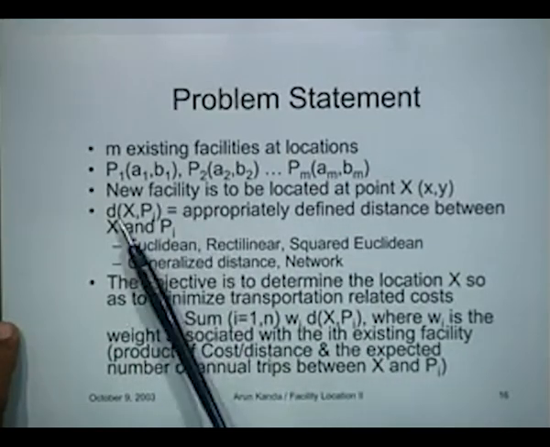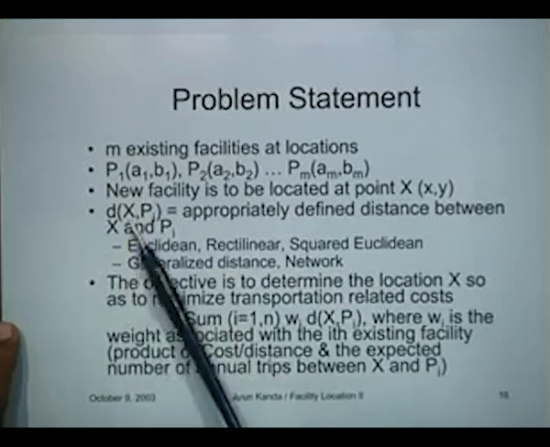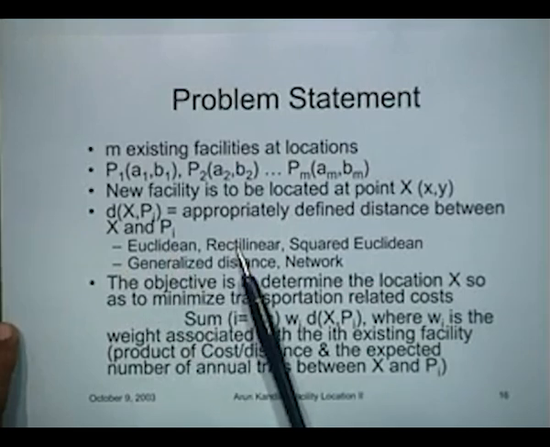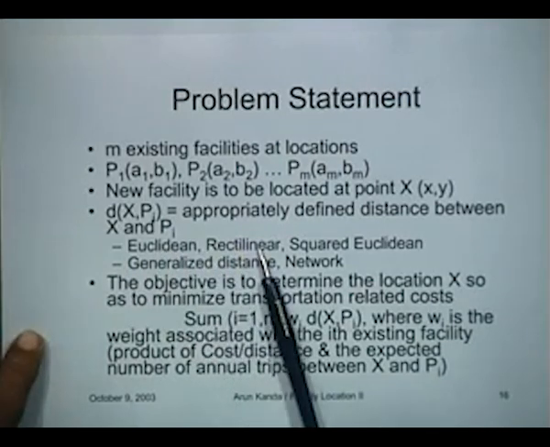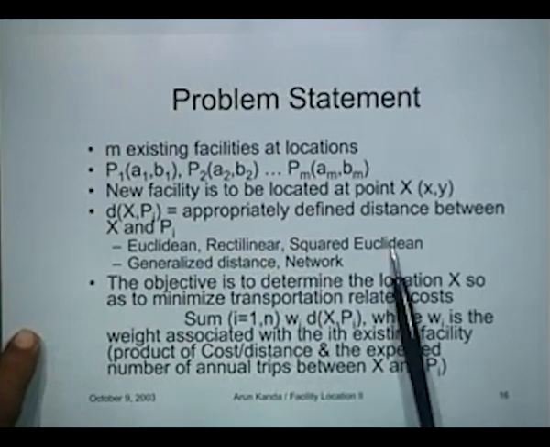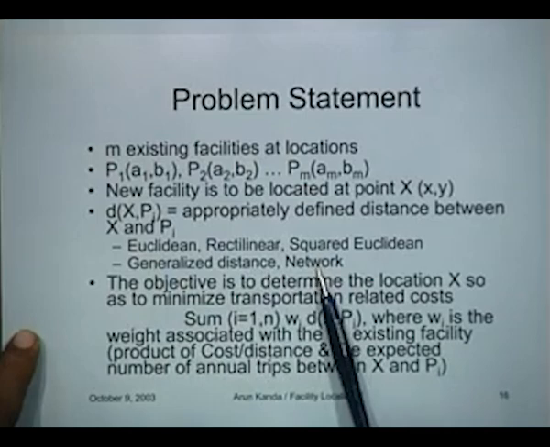So the distance between them, we are just calling it d(x, Pi), and this distance could be defined in various ways. It could be the Euclidean distance, which is the straight line distance. It could be the rectilinear distance, which is the Manhattan distance between these 2 points. It could be the squared Euclidean distance. It could be what we call a generalized distance, or it could be a distance on a network.